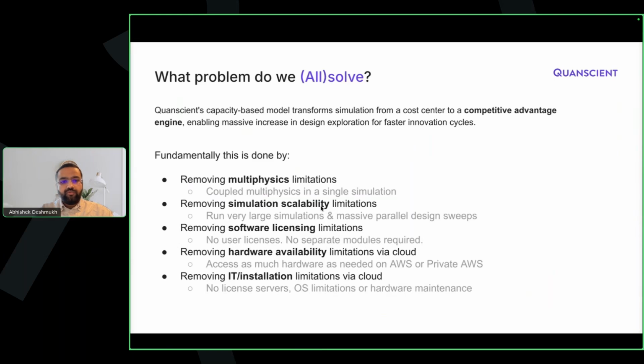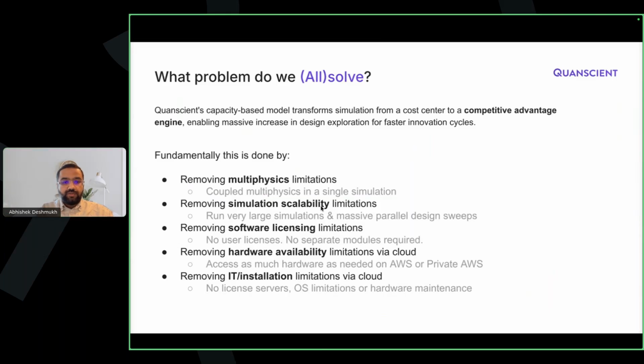We are also removing the hardware limitation, meaning that you have access to cloud computing capacities as you need, and we can address as much as you need based on what we can get from AWS or even private AWS clouds.